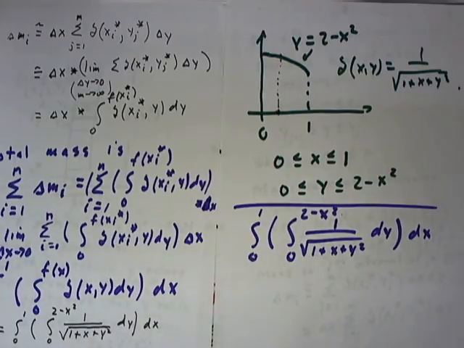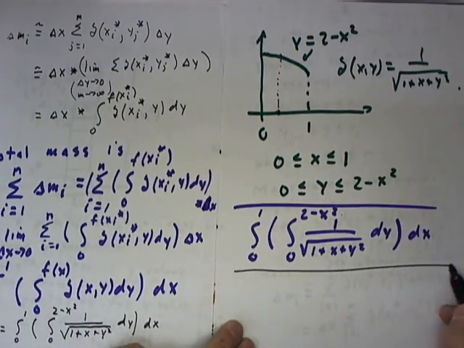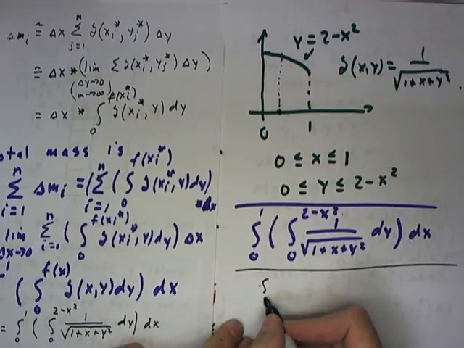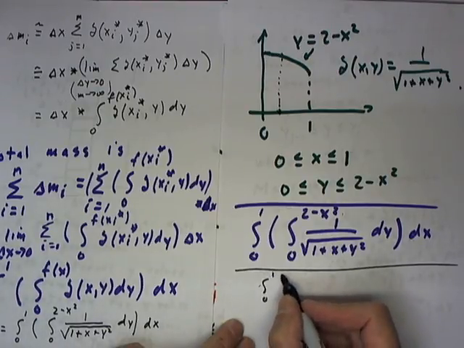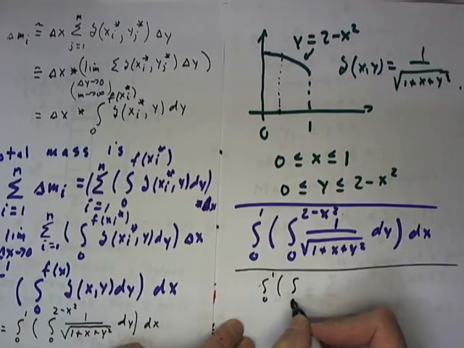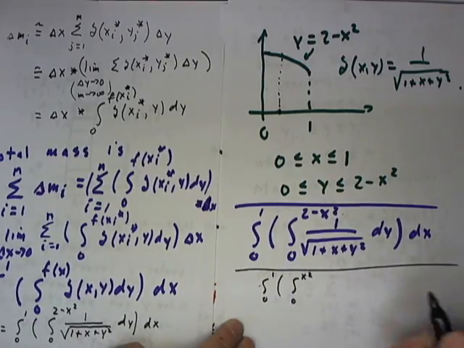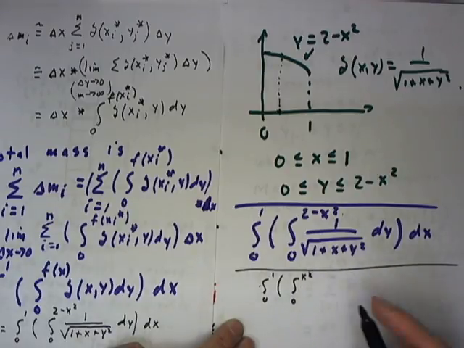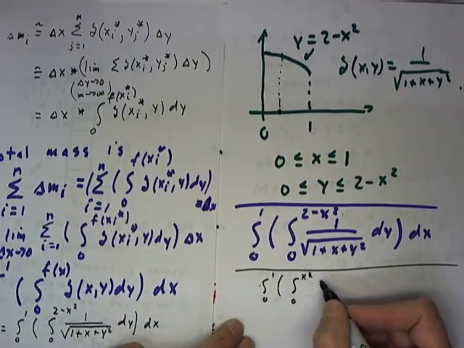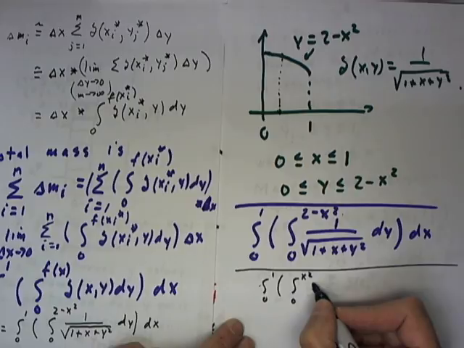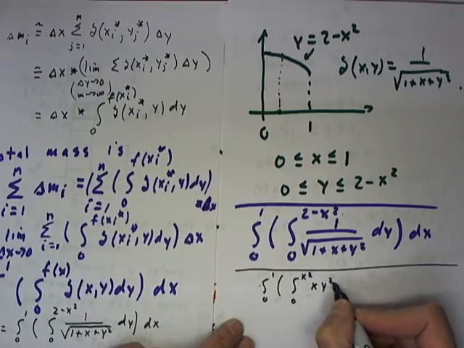I'm going to perform a simpler integral. I'm going to integrate from 0 to 1, and then I'm going to integrate from, let's just say, 0 to x squared. And the function I'm going to integrate is just going to be, let's say, x y squared.